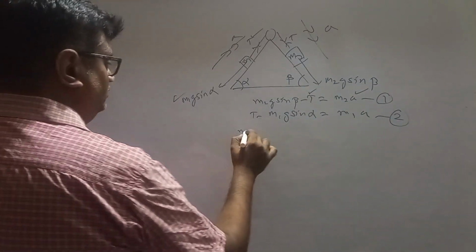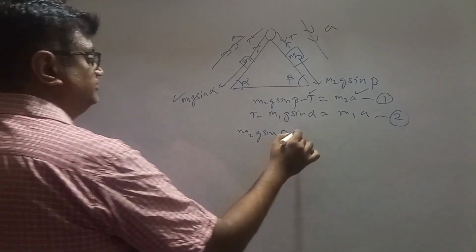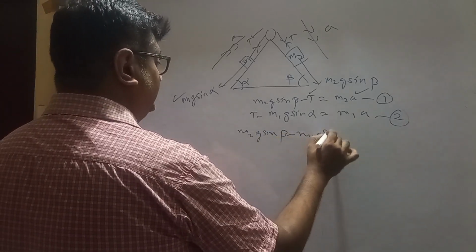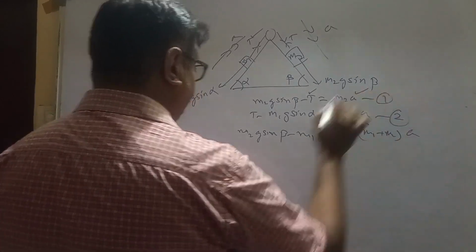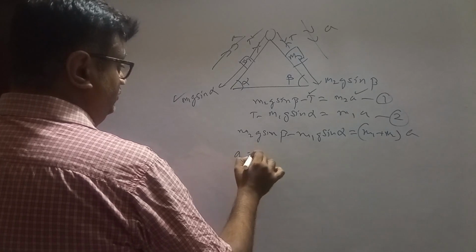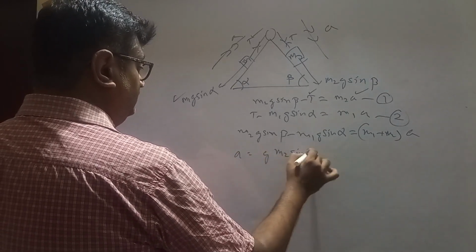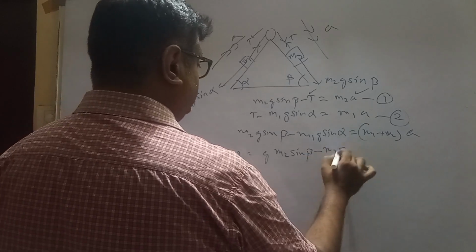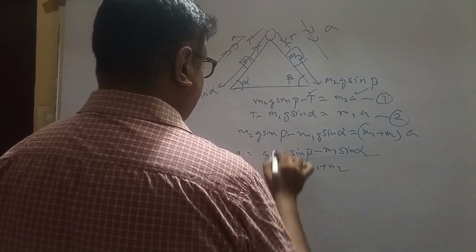So m2g sin beta minus m1g sin alpha is equal to m1 plus m2 into a. So a will be equal to, if you take g common, m2 sin beta minus m1 sin alpha divided by m1 plus m2.